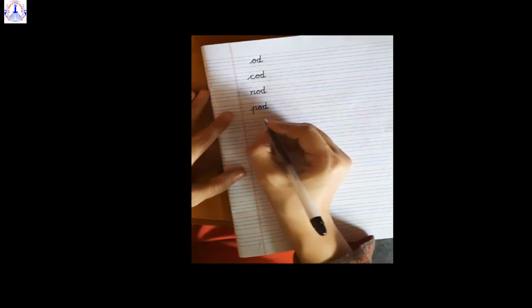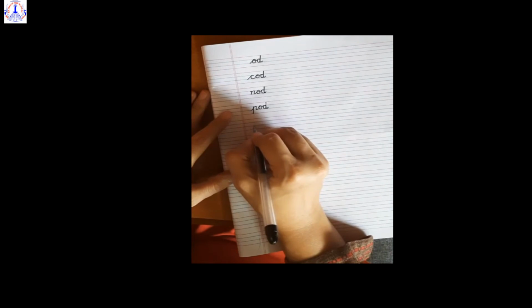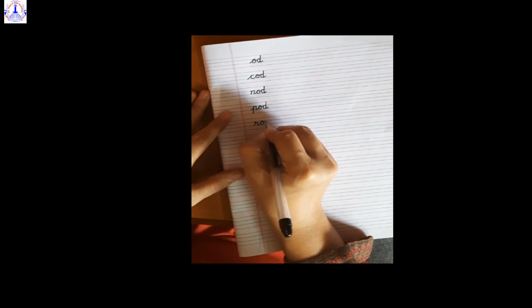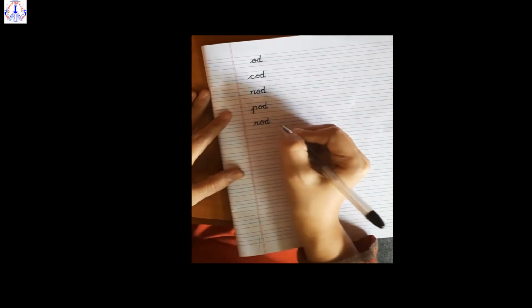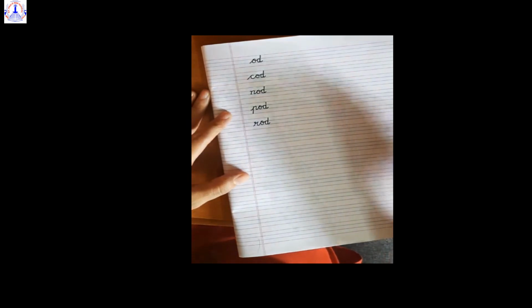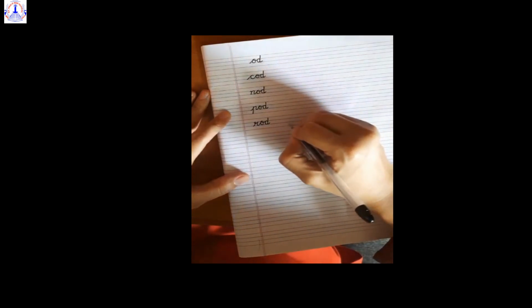Now the next word is small cursive R, join and write O, join and write D. ROD, rod. Now leave 2 finger space. Now we will draw rod here.